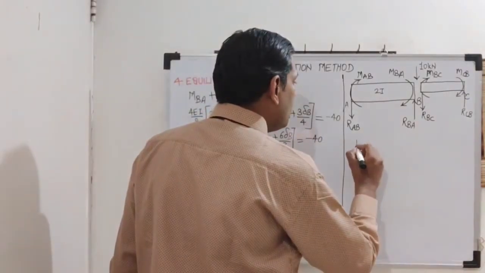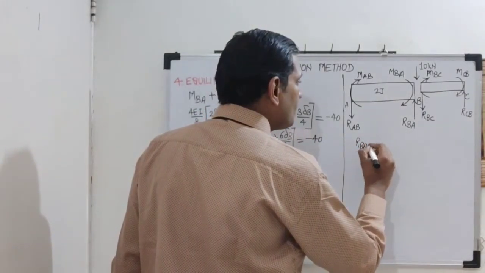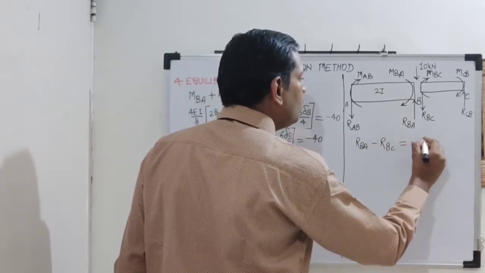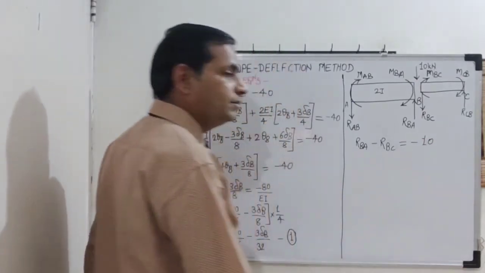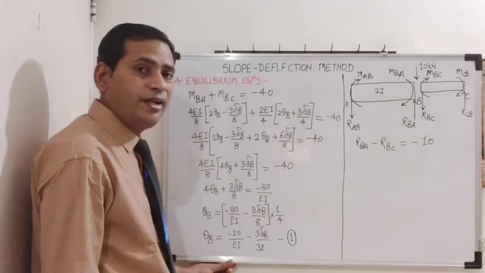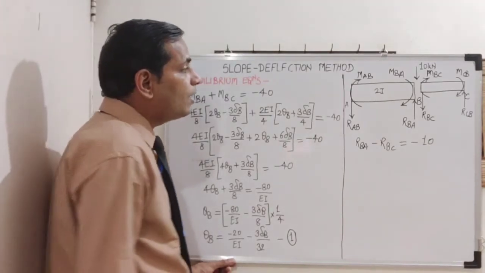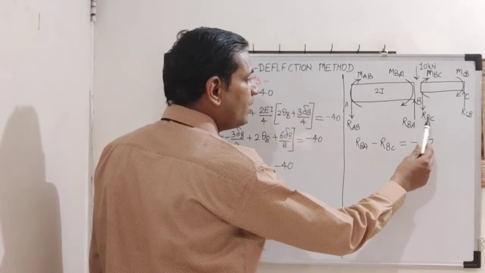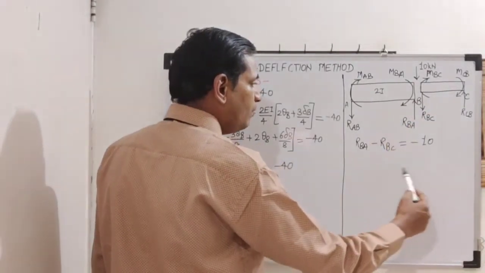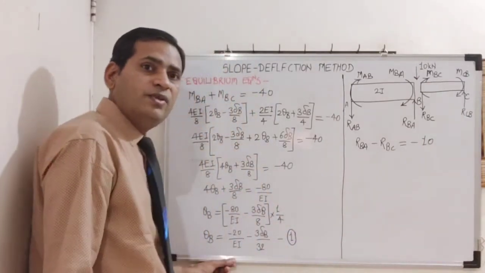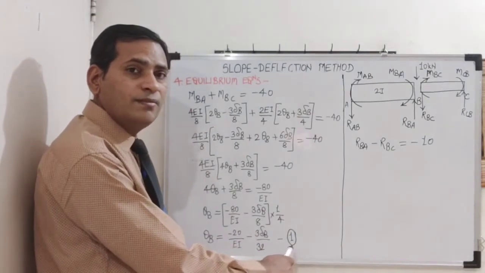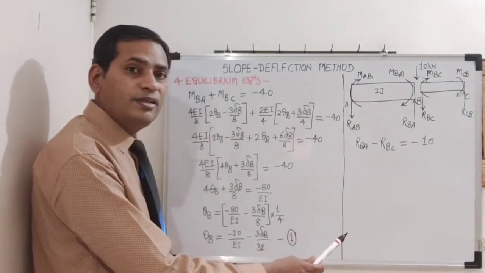Internal reactions RBA minus RBC, it is equal to minus 10. So this is our second condition of equilibrium. Now we will substitute RBA and RBC in terms of moments and span, and then again we shall simplify and we shall see such another equation. And then we shall solve simultaneously.